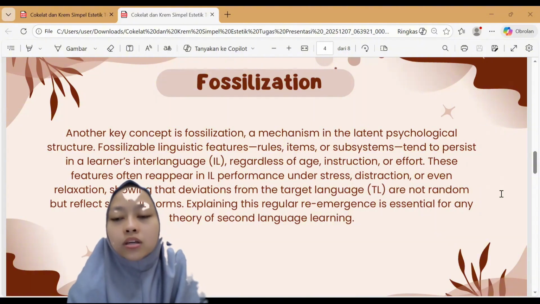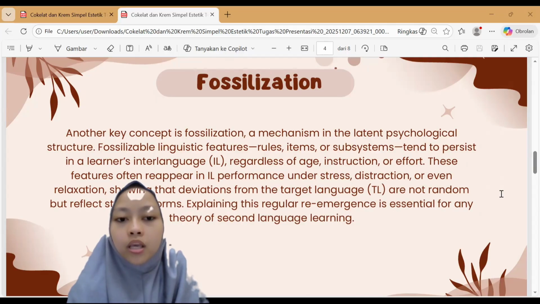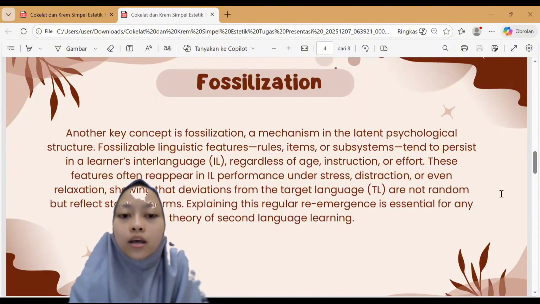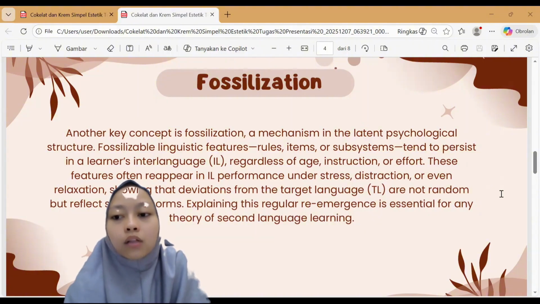Regardless of age, instruction, or effort, these features often reappear in IL performance under stress, distraction, or even relaxation, showing that deviations from the target language are not random but reflect stable IL norms. Explaining these regular re-emergences is essential for any theory of second language learning.